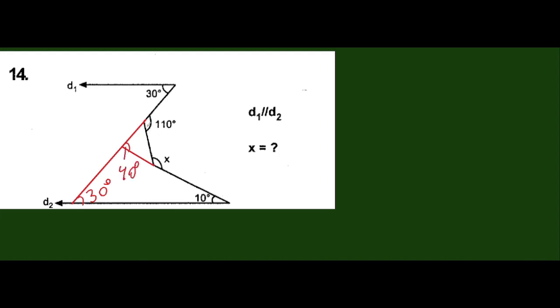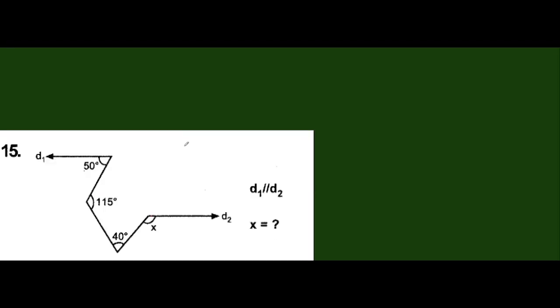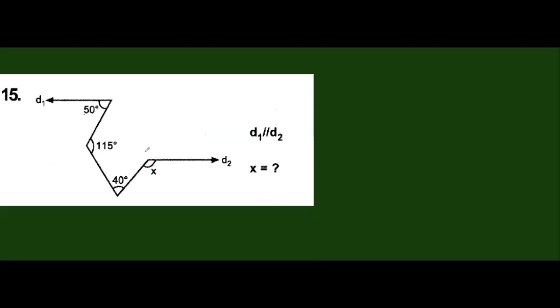And we can find out here this angle, which is 70 degrees. And we know that x will equal 70 plus 40 degrees. So it is 110 degrees. So this is our x. So let's move on. The next question.